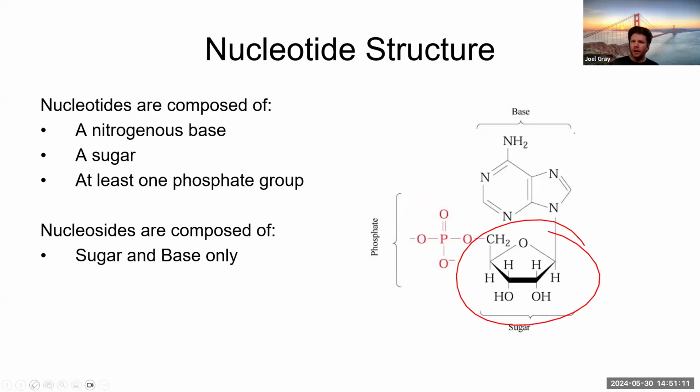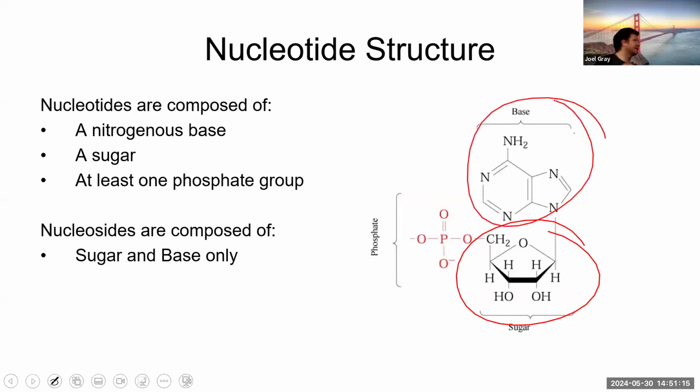A nucleoside consists of the sugar and the base only. So a nucleoside lacks a phosphate group. I personally always remembered that because of the hard T in the word phosphate: nucleotide needs a phosphate. Maybe that's unnecessary, but that's how I remembered it. So a nucleoside is a sugar and a base. A nucleotide is a sugar, base, and phosphate group.